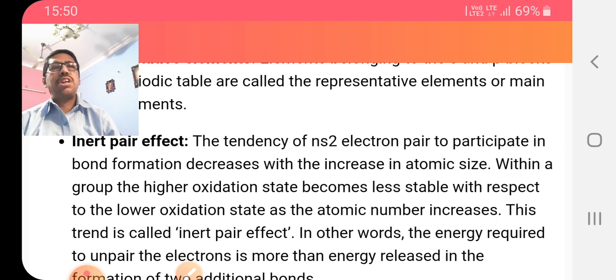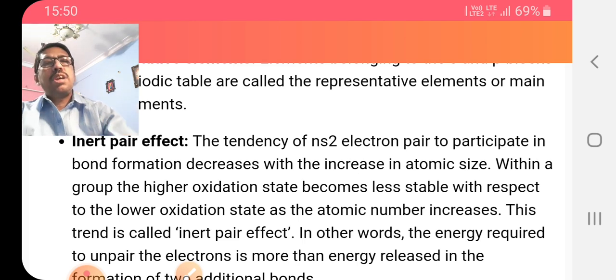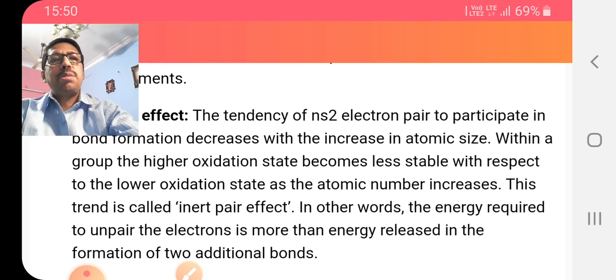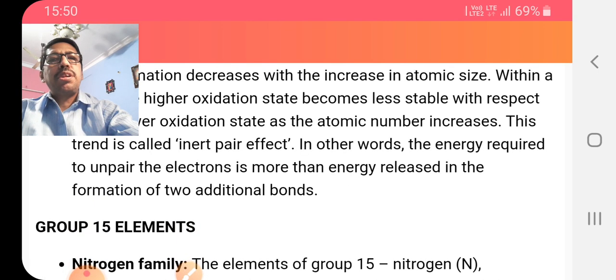If a question arises as to why the higher oxidation state is unstable down the group in p block elements, the answer is inert pair effect, because as the size increases, the stability of the high oxidation state is minimized due to the two electrons present in the s orbital not taking part in bond formation. I hope that you have understood this concept clearly, inert pair effect.